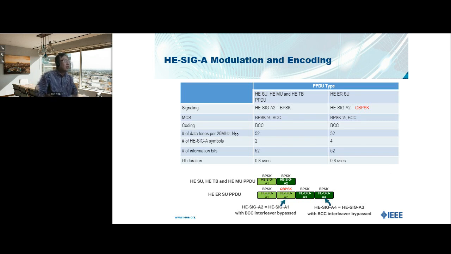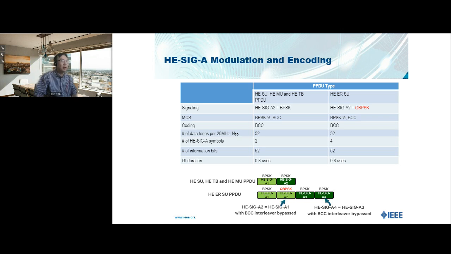Okay, so how is this HE-SIG-A transmitted? For the HE SU, MU, and trigger-based PPDU, everything is BPSK. I have a drawing here. We only have two HE-SIG-A symbols, called HE-SIG-A1 and HE-SIG-A2. They are two BPSK OFDM symbols.